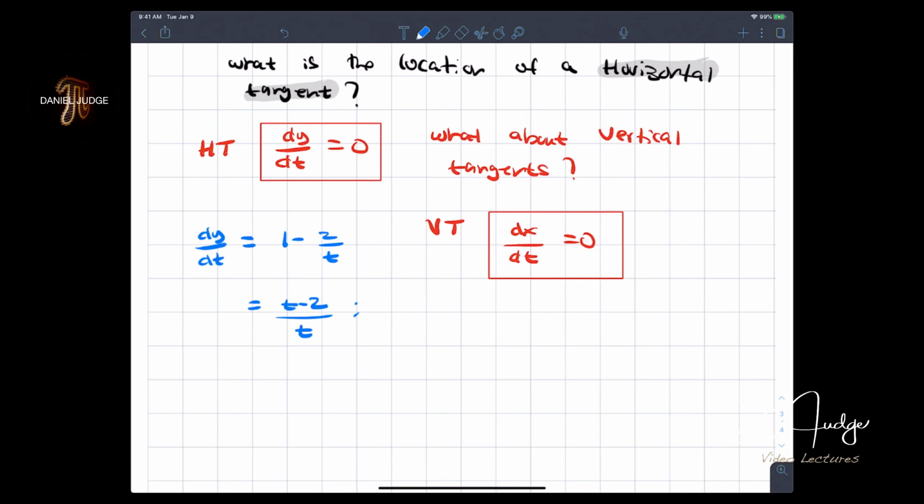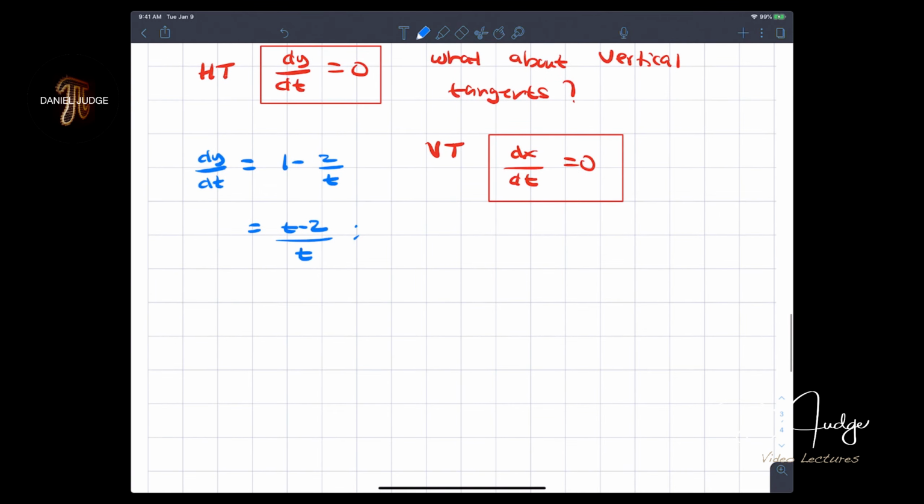If we set this equal to 0, dy/dt is 0, that implies t minus 2 has to be 0, or that t is 2. So when t is 2, we have a horizontal tangent.